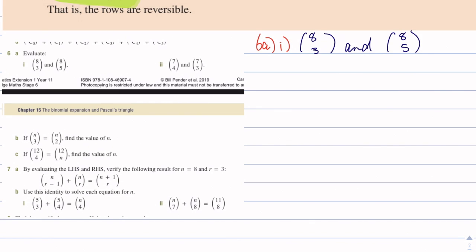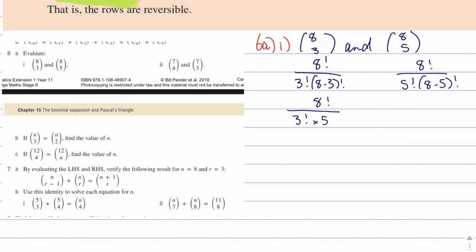Well, 8C3 is 8 factorial on 3 factorial times (8 take 3) factorial. 8C5 is 8 factorial on 5 factorial times (8 take 5) factorial. This comes out as 8 factorial on 3 factorial times 5 factorial, and this one comes out as 8 factorial on 5 factorial times 3 factorial. They're the same because 3 and 5 add up to 8.